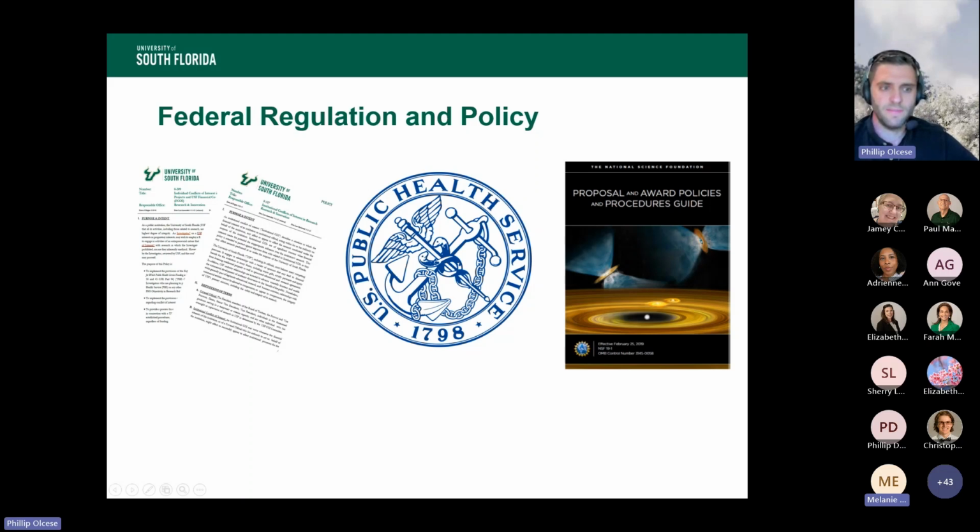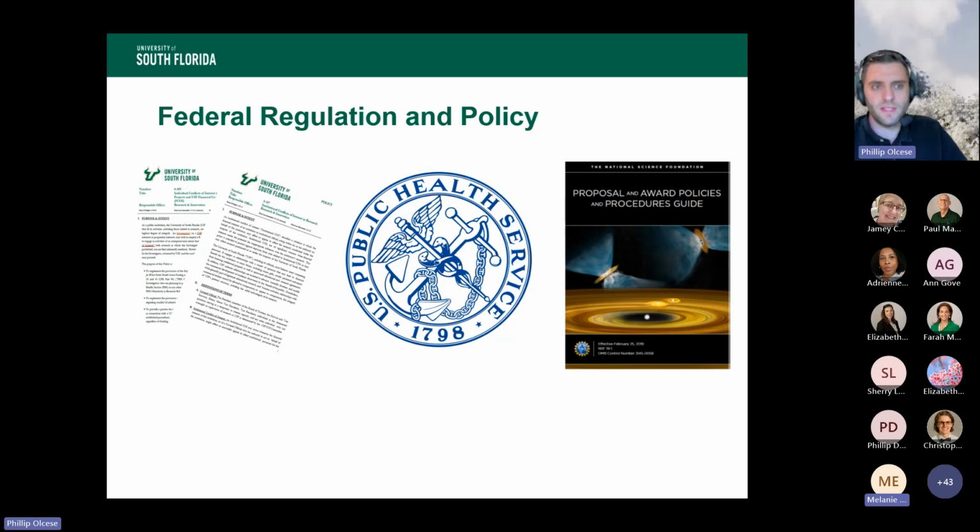So ultimately, all these policies will differ by each institution, but the general framework can be expected to be the same across universities.